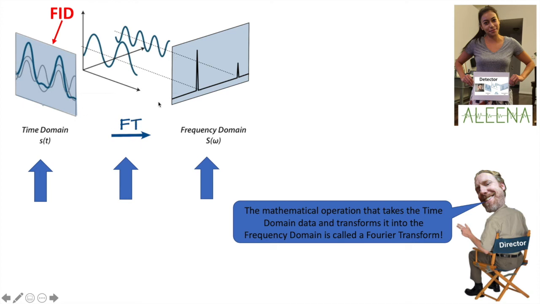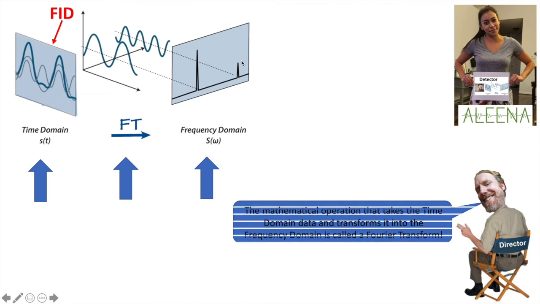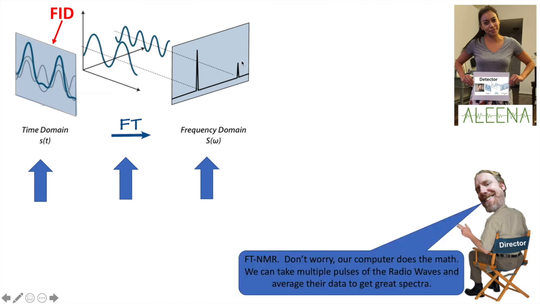The computer does it for us, we just tell it to do it. I like this representation of it. This lower frequency one can be separated out in here, and here's the higher frequency one separated from the lower frequency. You can read the spectrum. FT NMR, don't worry, our computer does the math.